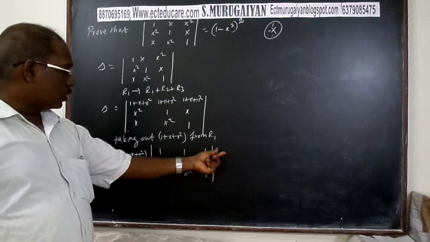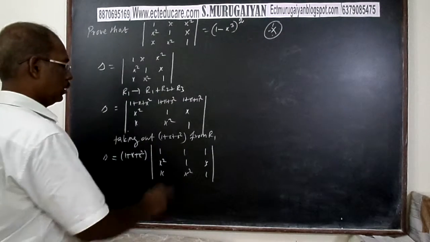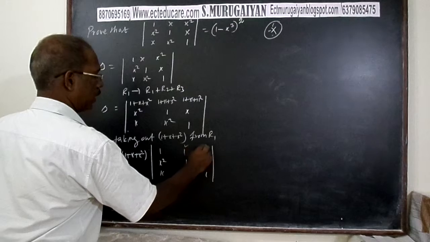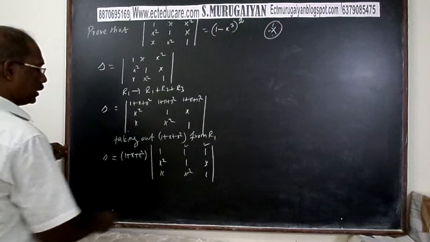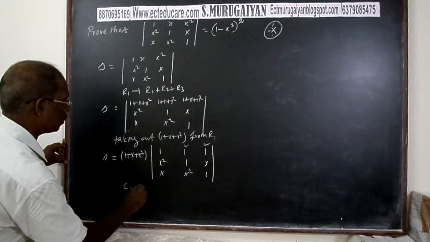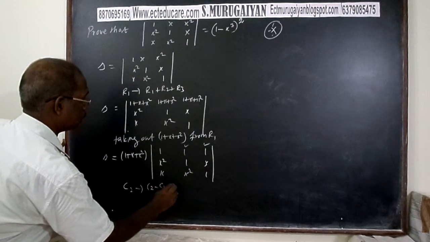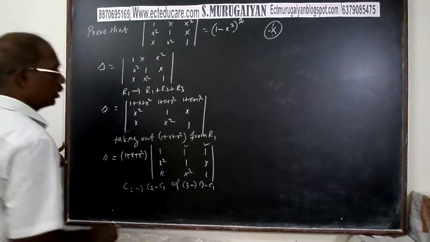So we got the first row as a unit row 1, 1, 1. As we discussed earlier, out of three ones we can convert any two ones to 0. The 1 from C2 and 1 from C3 can be converted into 0, applying the property C2 is C2 minus C1 and C3 is C3 minus C1.